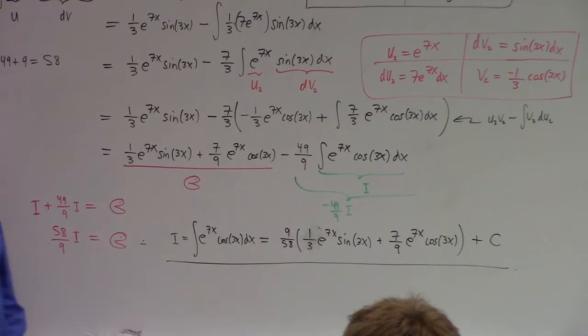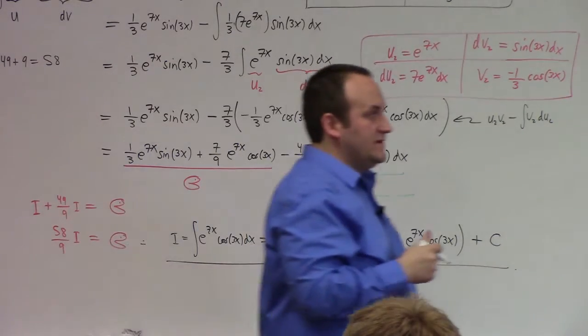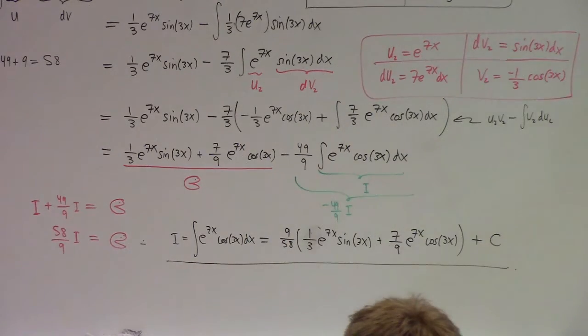That is not an accident. In your problem, you have 2 and 3 in the homework. And for essentially the same algebraic reasons, you'll end up with division by 13. Because 2 squared is 4 and 3 squared is 9. And 9 plus 4 is 13.